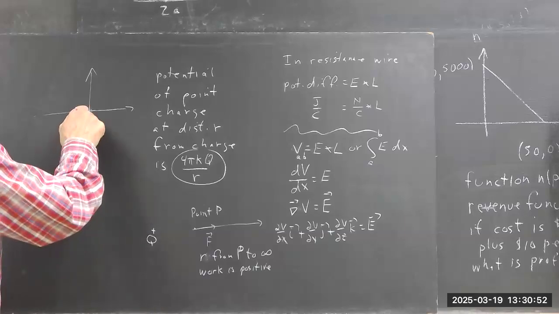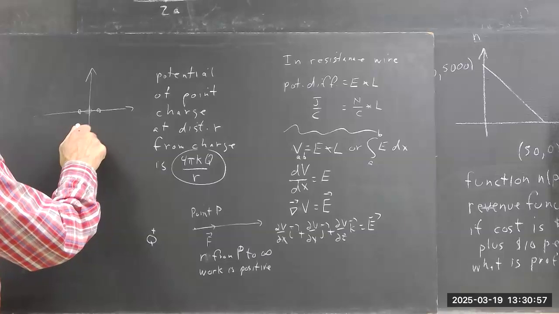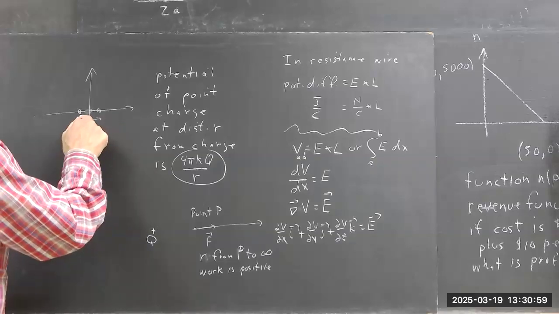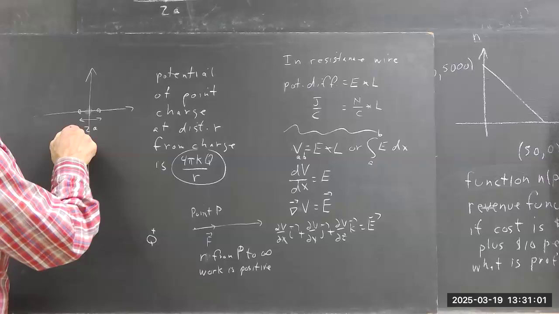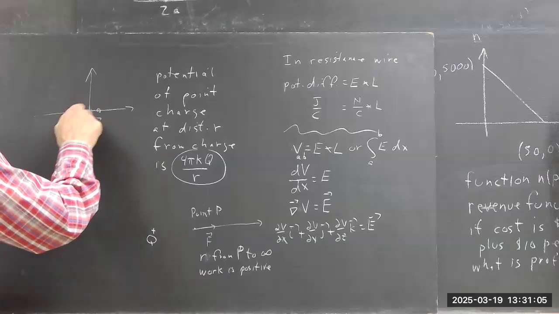So let's say we've got a dipole like so, where the distance between the positive and negative charge is 2a.